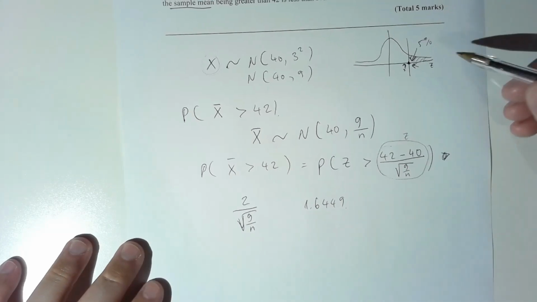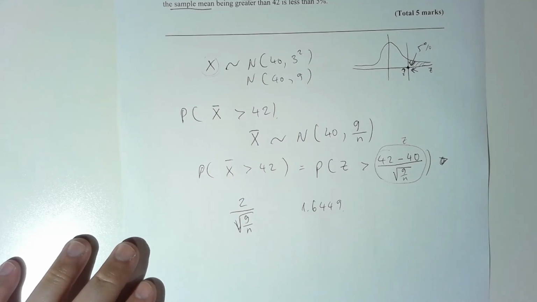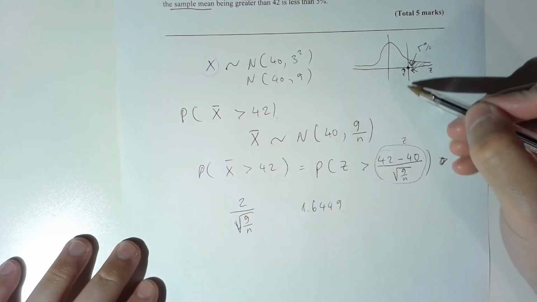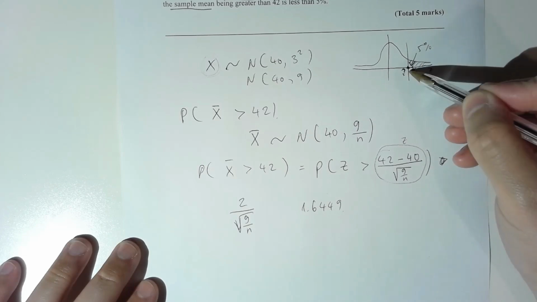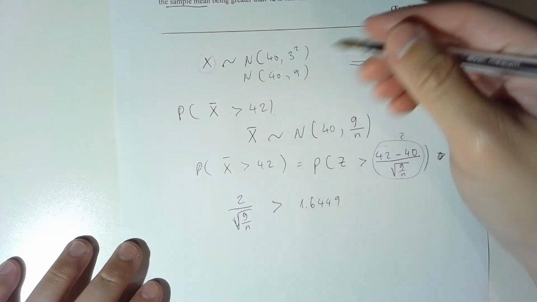Now you need to know that to get the area less than 5%, of course the value here has to be on this side. That is 1.6449. The value here has to be on the right hand side of it, which means z has to be bigger than this one. Bigger than that one, not equal.